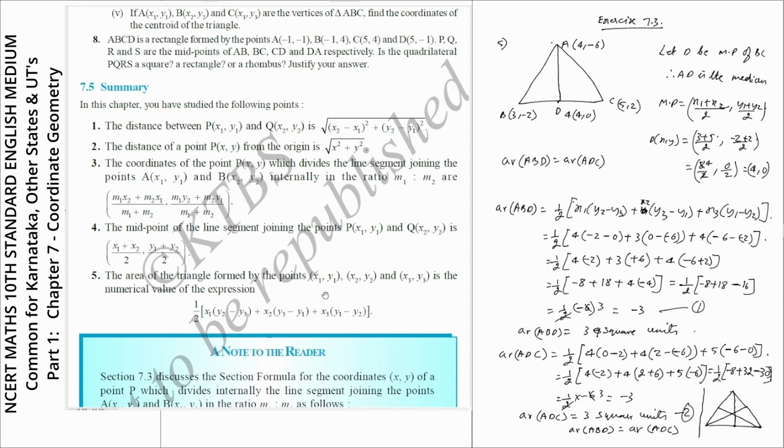And if there are 3 points x1 y1, x2 y2, x3 y3, the area of the triangle formed by these 3 points is given by this formula, that is 1 by 2 into x1 into y2 minus y3 plus x2 into y3 minus y1 plus x3 into y1 minus y2. And that completes the summary and this chapter.